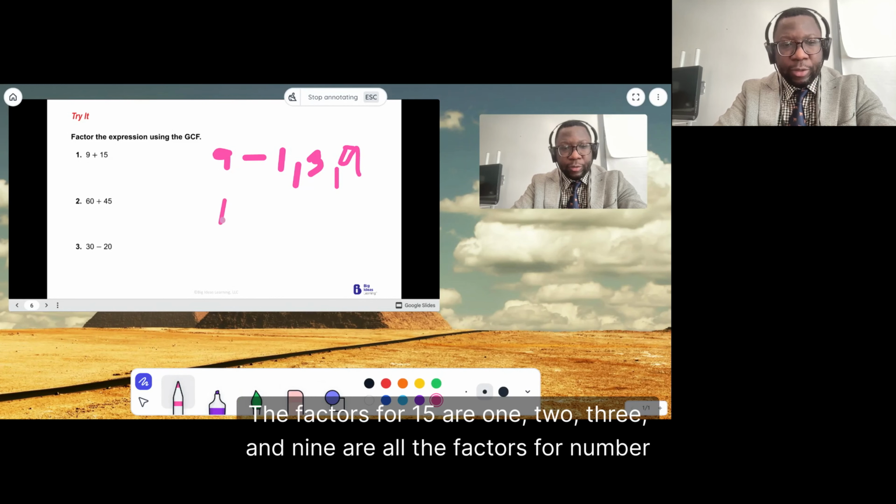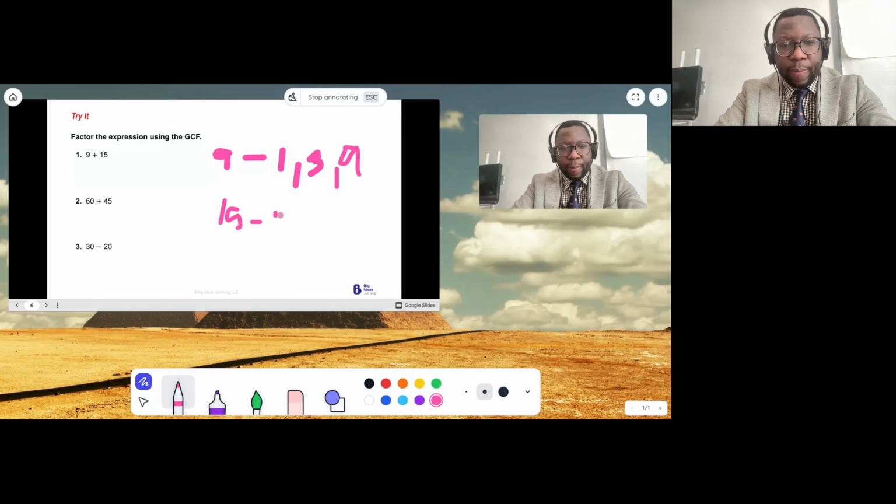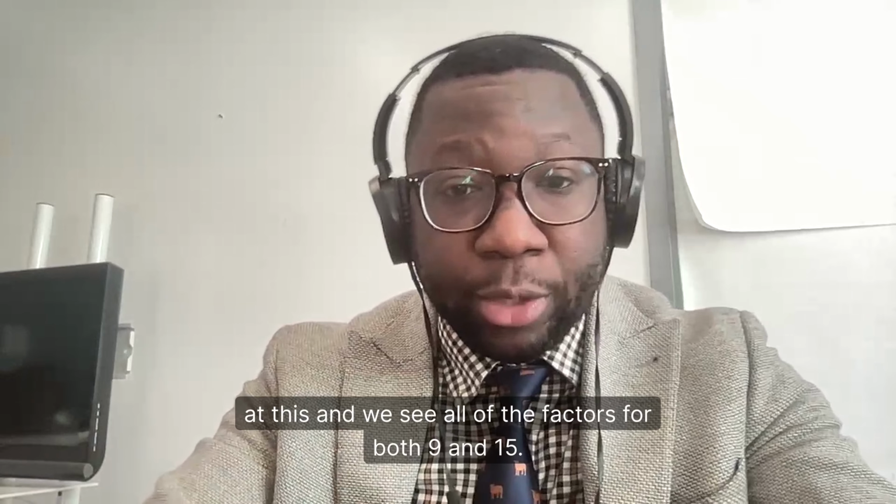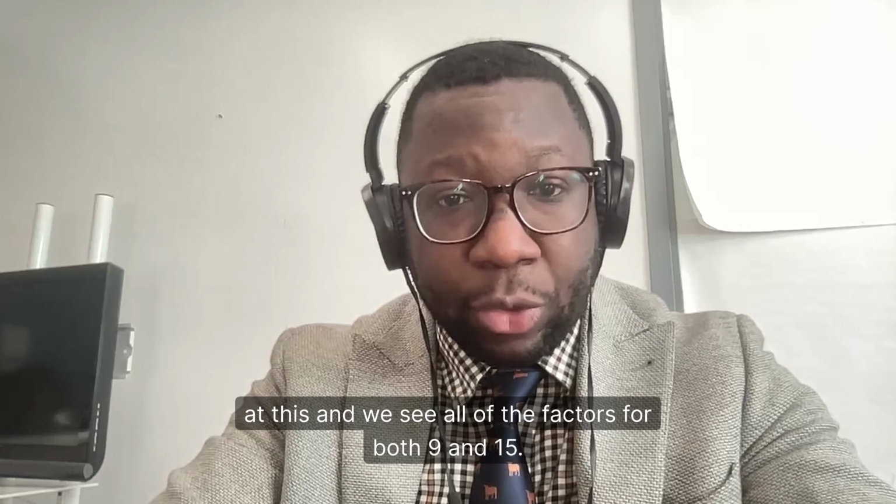The factors for 15 are 1, 3, 5, and 15. Looking at this, we see all of the factors for both 9 and 15. The ones they have in common are 1 and 3, but 3 is the greatest common factor.